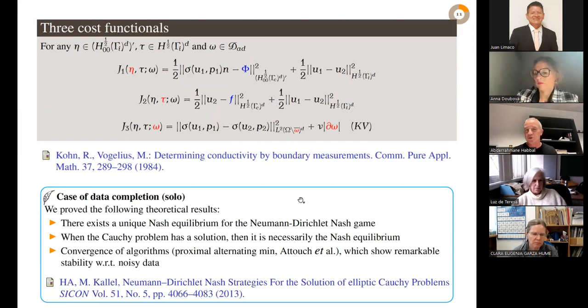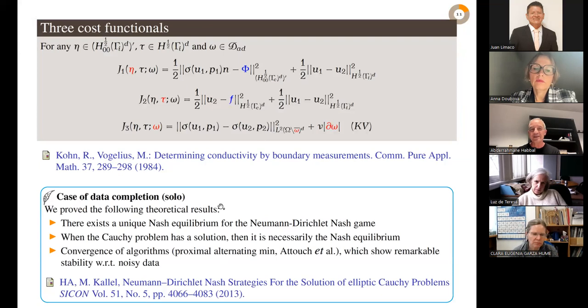So what do we know really? Very, very few things from the theoretical point of view. We have proved with the linear elliptic equations, it was Poisson and linear Stokes equations, and only for the completion problem, regardless of this shape cost, which is awful from the theoretical point of view.